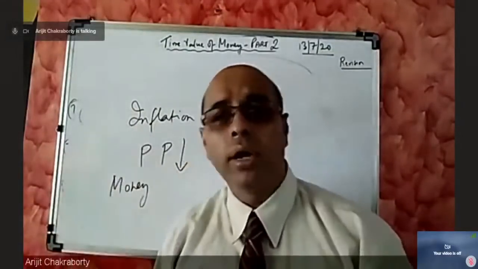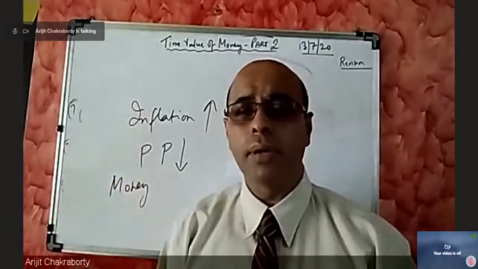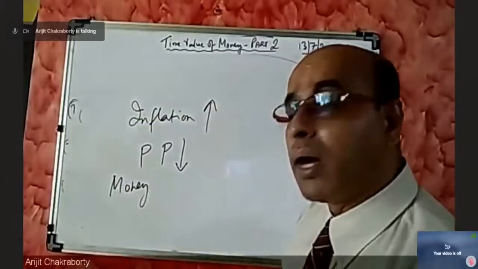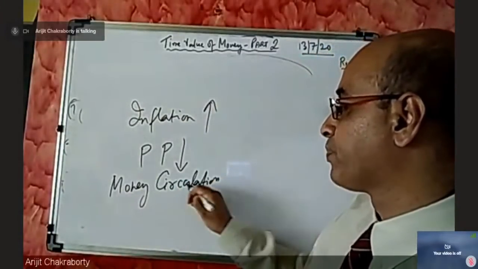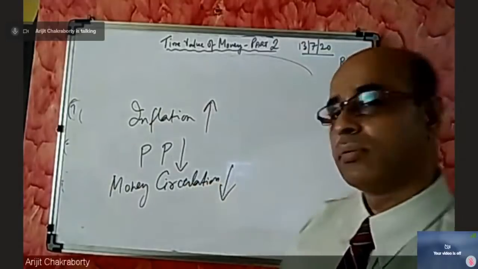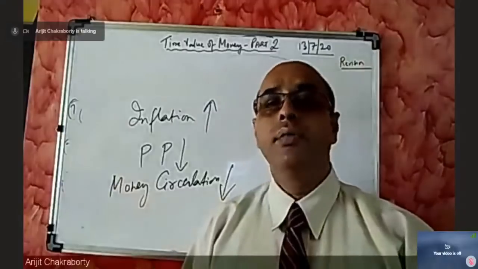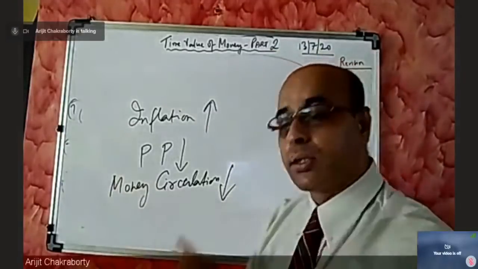I won't go for holidays. I won't buy a new mobile. Things are going up. Prices are going up. I will not go out for traveling. So what will happen? The money circulation will come down. So two impacts of inflation: as inflation goes up, our purchasing power comes down and the money circulation also comes down.